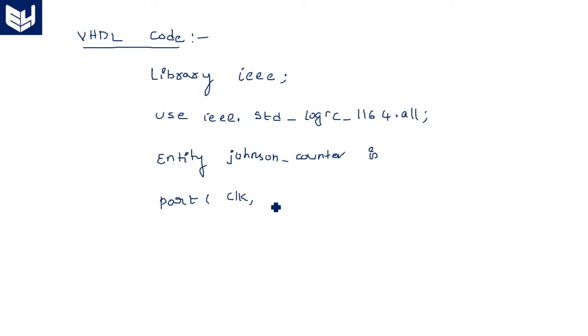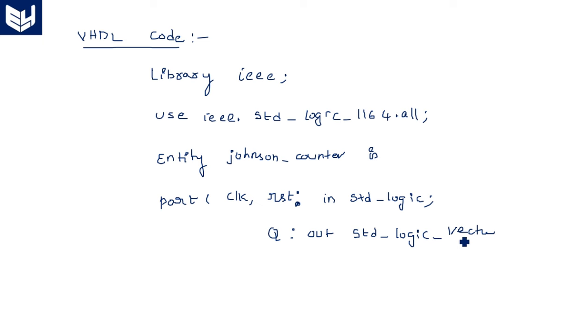We have clock, reset: in std_logic; q: out std_logic_vector, because it is a vector consisting of 4 bits of information, 3 down to 0. End Johnson counter.